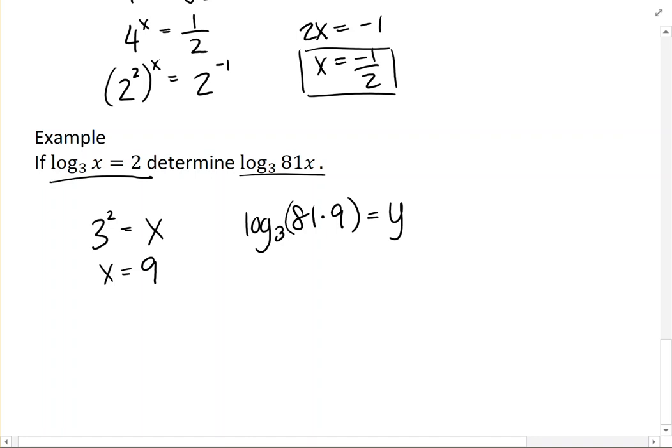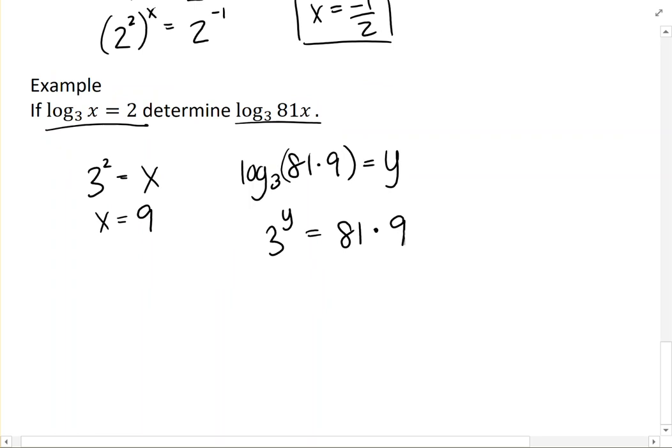So that means we know 3 to the y equals 81 times 9. Now, you may see that, hey, we could put 81 and 9 to have the same base, and that will make our life a little easier, as we've learned from the last chapter.